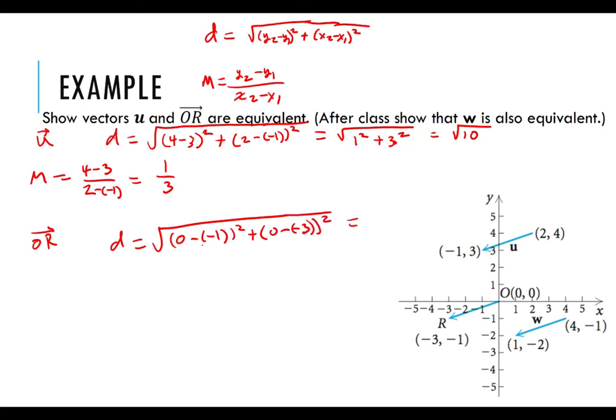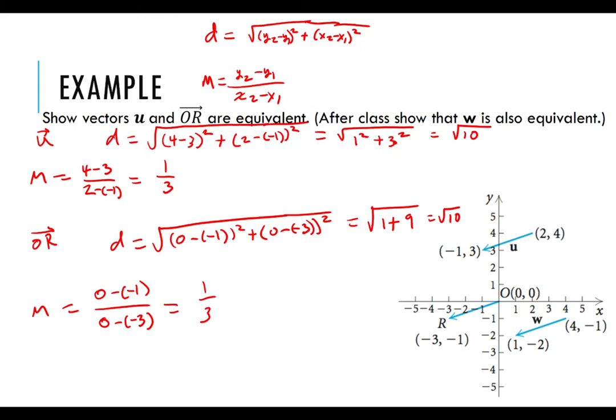So here I get 0 minus 1 is negative 1, quantity squared is 1, plus minus minus 3 is positive 3, 3 squared is 9, 1 plus 9 is square root of 10. Lengths are the same. Let's check slope. Slope is then going to be 0 minus minus 1 divided by 0 minus minus 3. I get 1/3. Therefore, we have matching slopes, matching lengths.